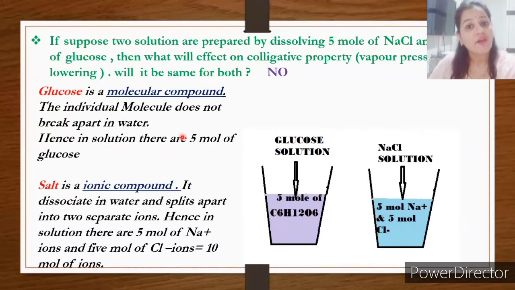But when 5 molecules of NaCl dissolve in water, they dissociate into 5 Na+ and 5 Cl- ions, so in the NaCl solution there will be 10 particles. So the total number of particles in NaCl becomes 10, and hence the vapor pressure lowering will be double that of glucose.